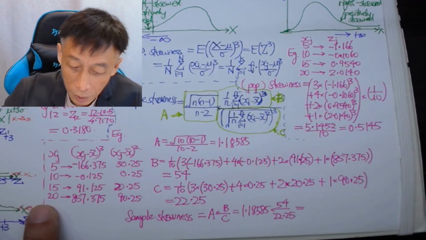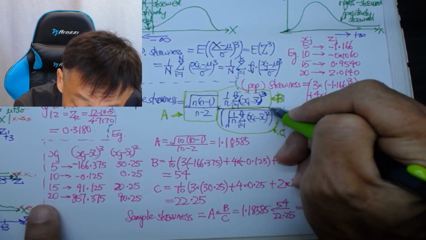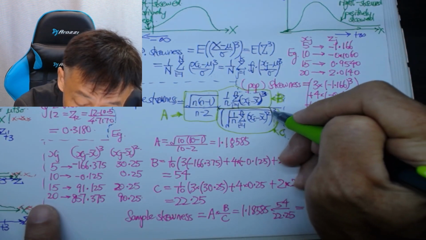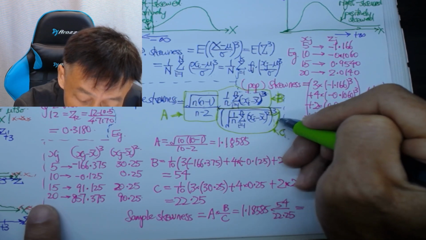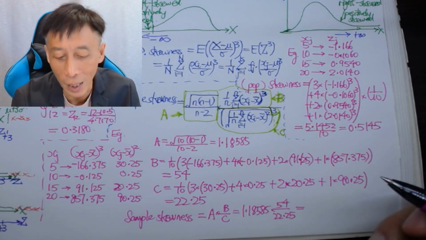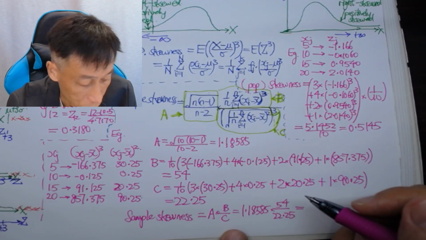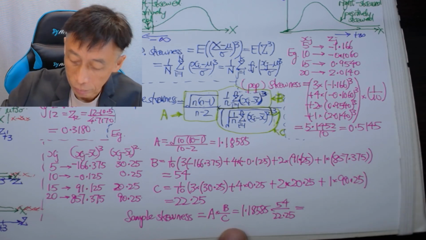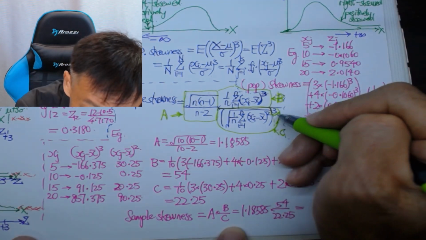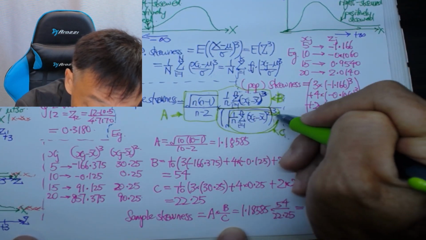Oh wait, I did the C without the cube. So let me correct myself, because I just want to show this for clarity. The C is without the cube here, and it actually also doesn't have the square root, because I'm just doing the inner part here.